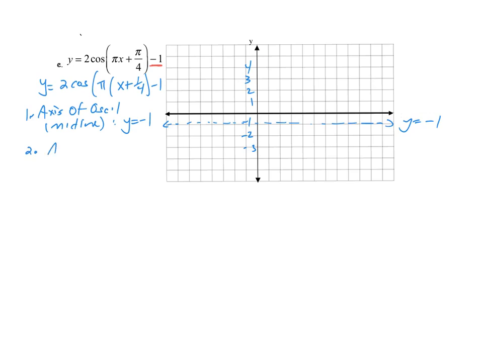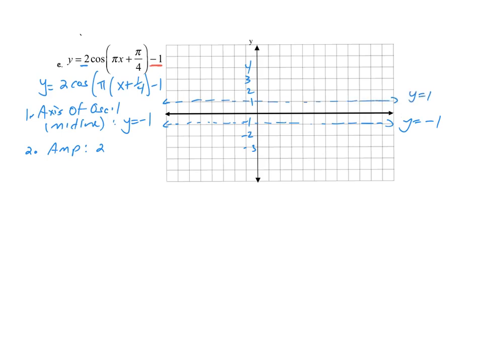The next thing we want to find is the amplitude. The amplitude comes from the value of a. A in this function is 2. So I am going to use the amplitude to draw in the maximum and minimum line. So I'm going to go up 2 units from -1. So we'll have a line at y equals 1.